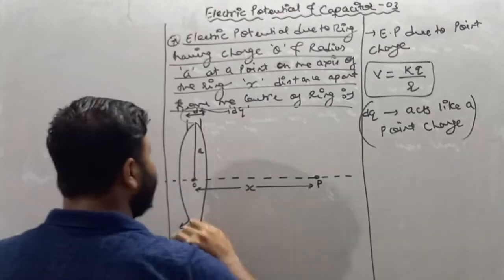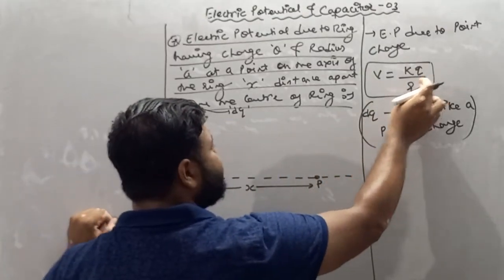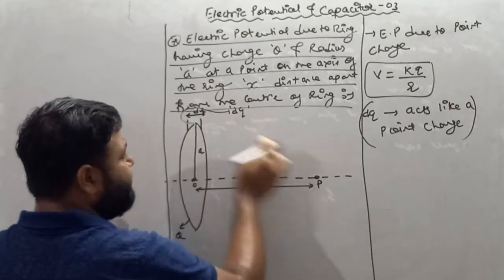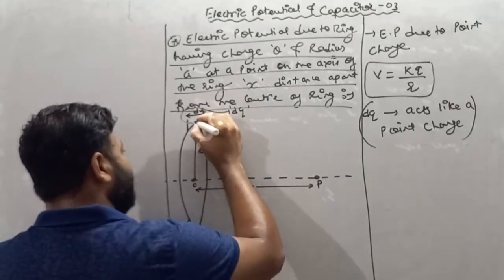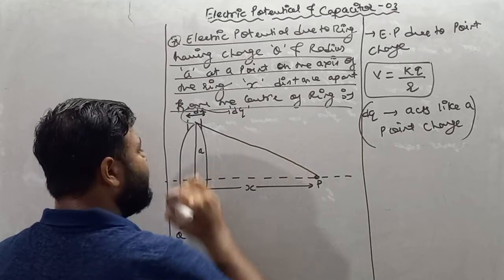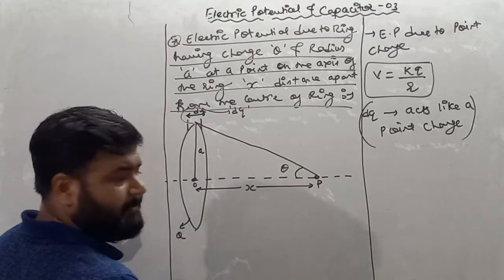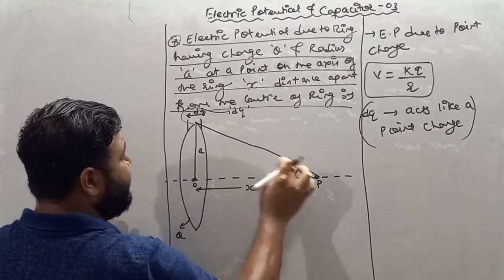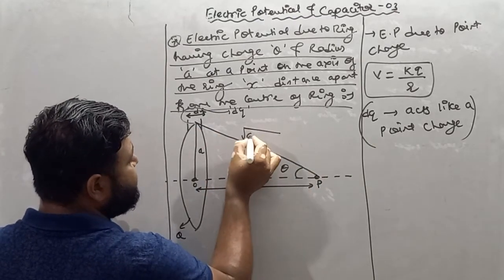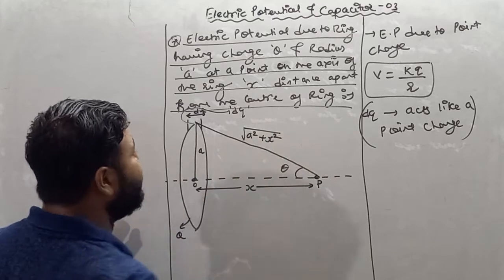Now see, dear student, we have to get the distance between this point charge and point P, where we have to find the electric potential. So we need to find this length as well. Let's suppose this angle is theta, then by Pythagoras, if this is x and this is a, this becomes the square root of a square plus x square.